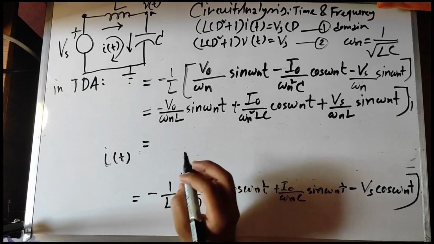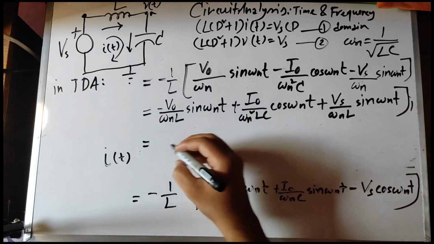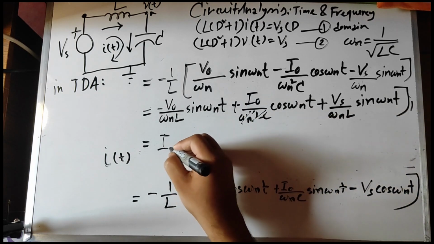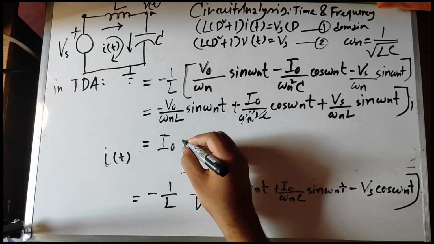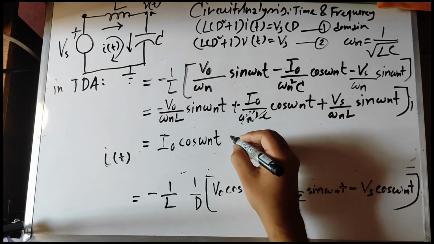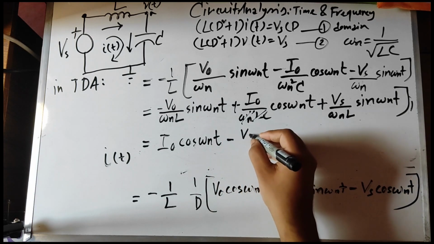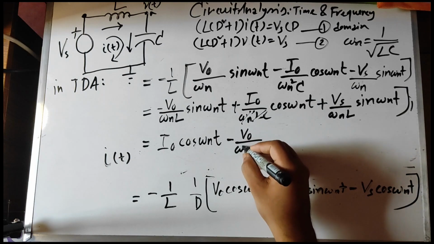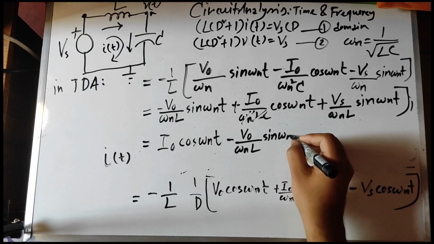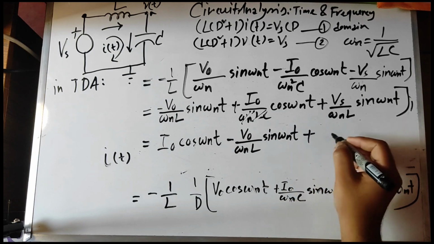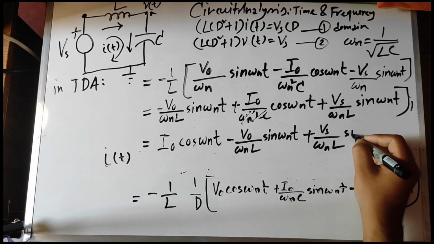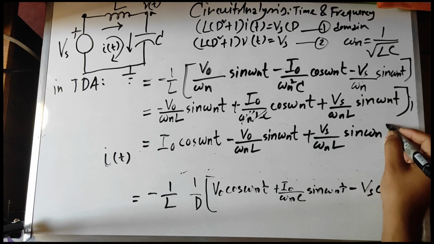So now this will cut out, so IO, the initial current, cos omega nt minus VO, the initial voltage, by omega n L sin omega nt plus Vs by omega n L sin omega nt.